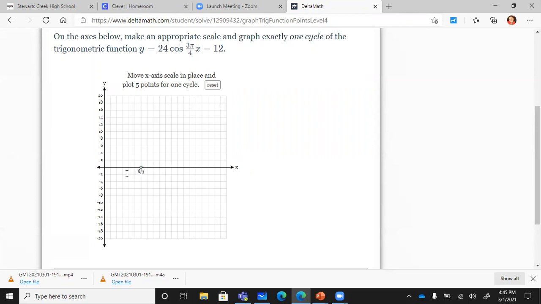So again, put 8 over 3 there. We're going to move down to -12, and that's our new axis. And this is up, down, up. So we're up 24 units. So if I start at negative 12 and I go up 24, I'm at positive 12.